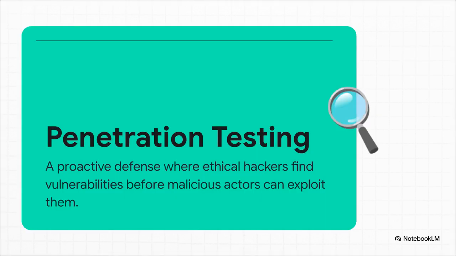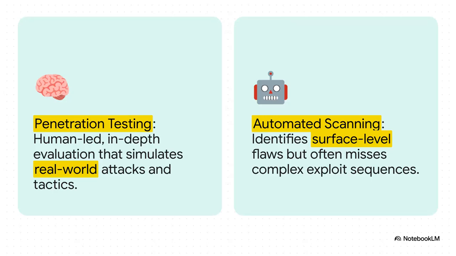And that word proactive is absolutely key here. Pen testing isn't about damage control after a data breach has already happened. No, it's about getting inside the mind of an attacker to find and fix those security holes before they can ever be exploited. Now, this is a really important point. You might think, can a computer just scan for problems?